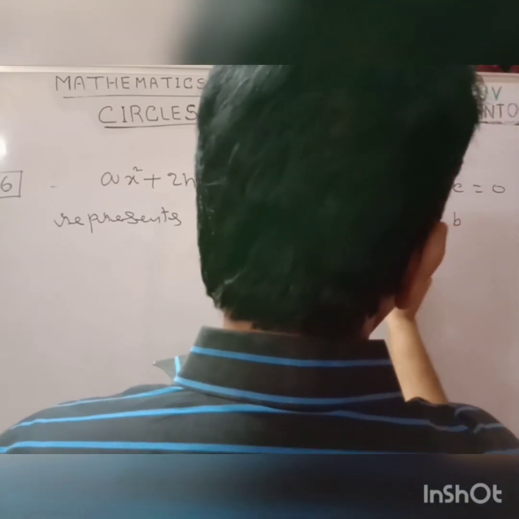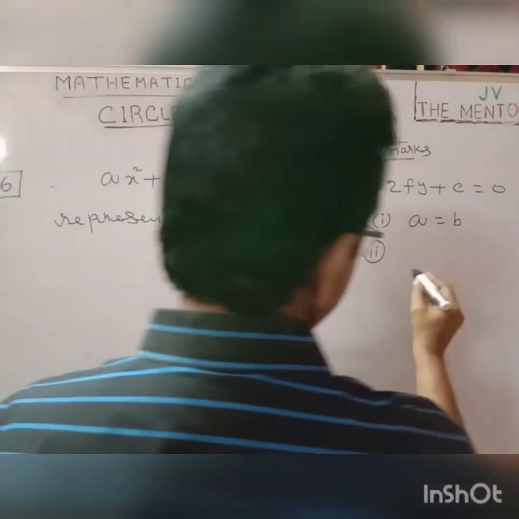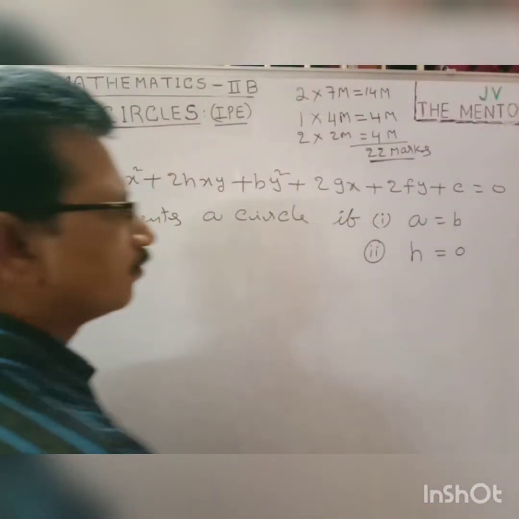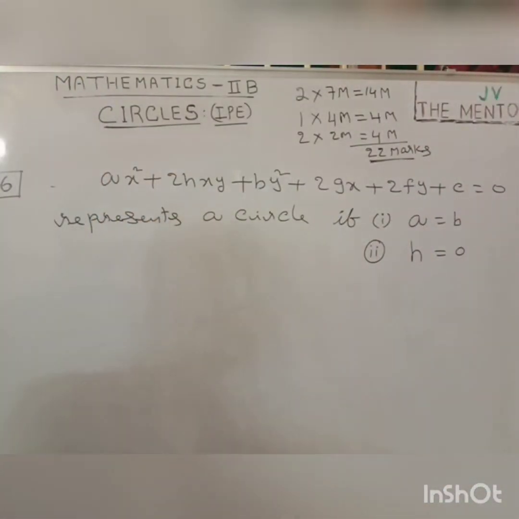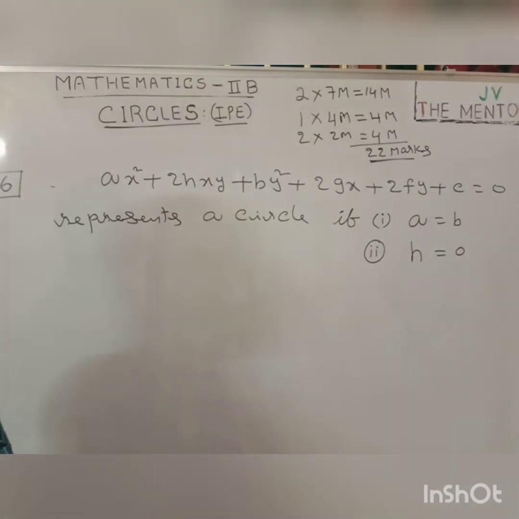Second, the coefficient of xy should be equal to 0, that means h equal to 0. And the third one is g square plus f square minus c always greater than or equal to 0. Okay, write down.